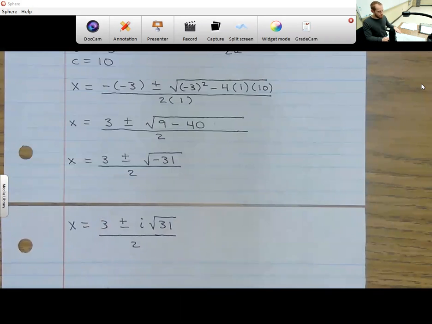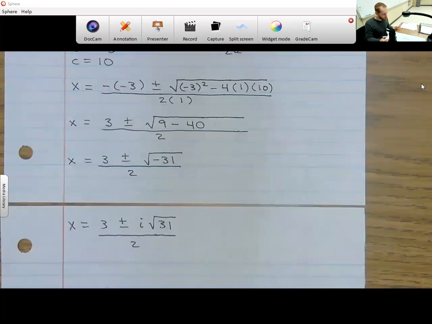So that stays the same, but notice the only thing that's different is I took the negative 1 out as an I, which leaves a positive 31 on the inside of the radical. So whatever the square root of 31 is, which is going to be a crazy decimal, we're just going to leave that under the radical, right?